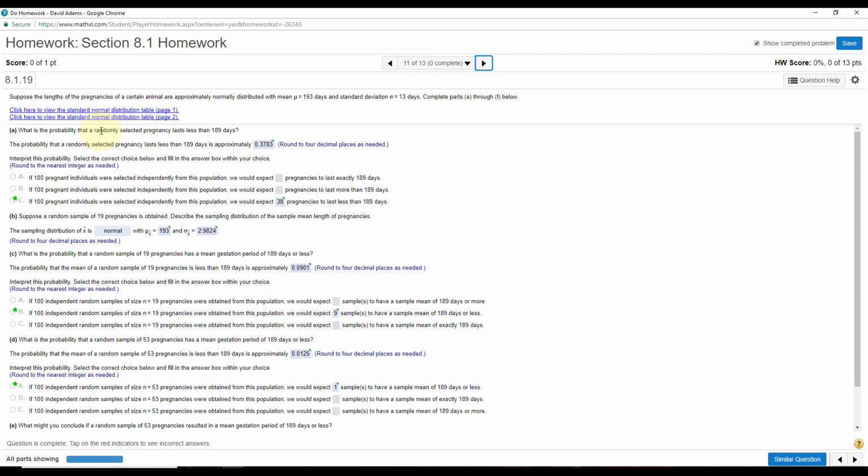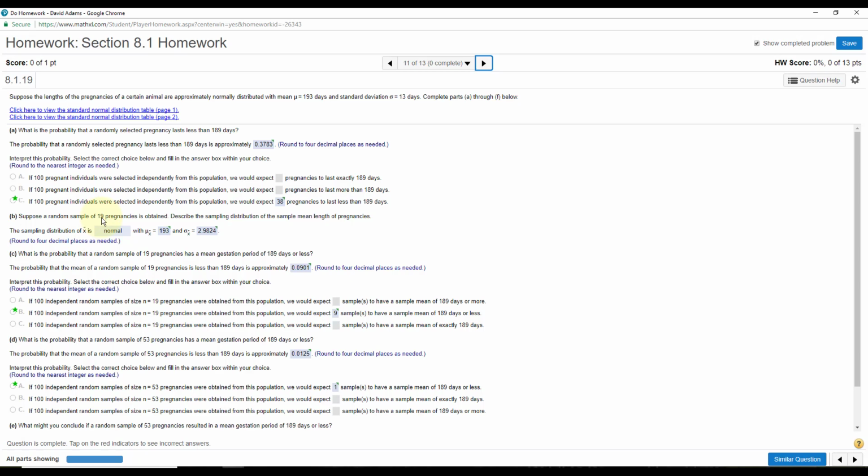So when you do this on the normal calculator, you want less than 189, but you're going to use mu equals 193 and sigma equals just 13. Do not divide it by the square root of n because you're talking about an individual pregnancy. It's an important distinction. In part B, they want you to redo it, but with a sample of 19 pregnancies.